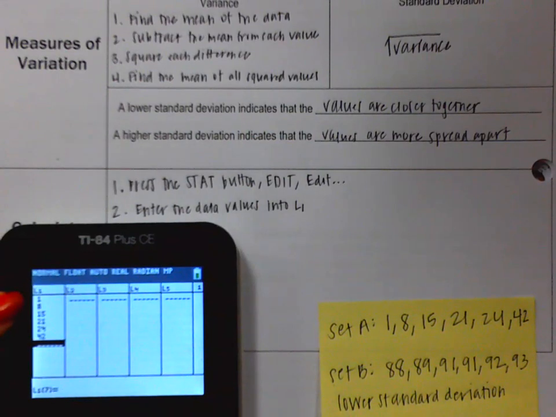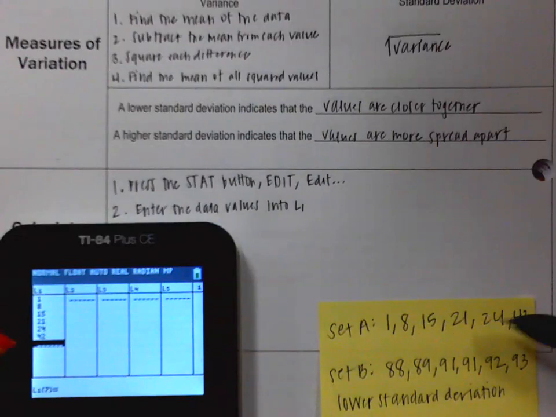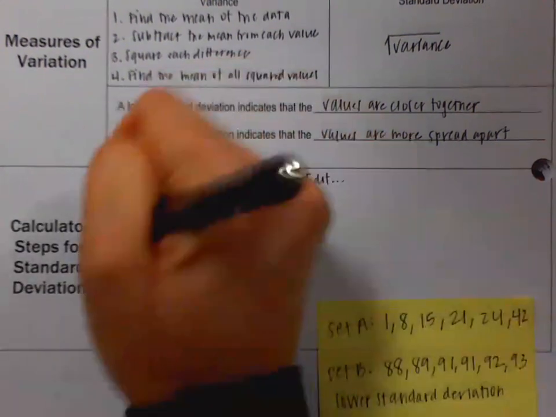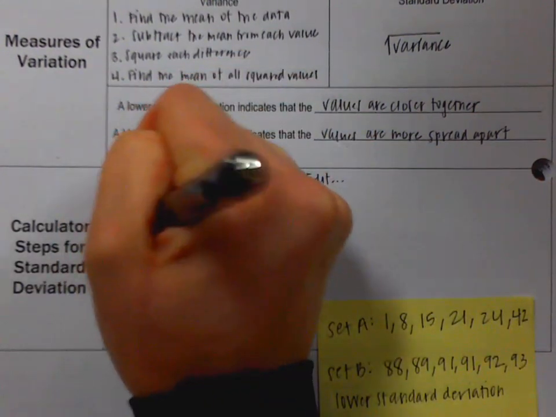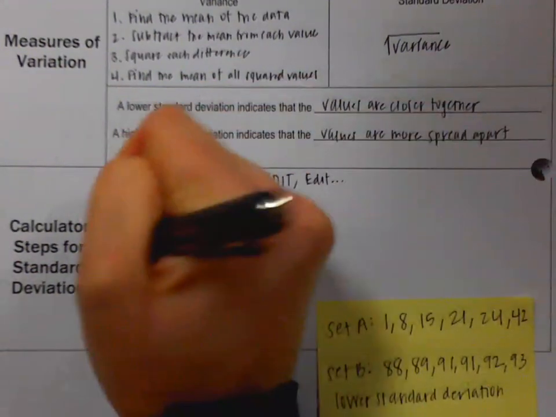And I'm going to double check because honestly, the biggest mistake with this is typing in a number wrong. So 1, 8, 15, 21, 24, 42. We're good. Then you're going to second quit, so you're going to quit out of that. If you need to write second mode, write second mode.